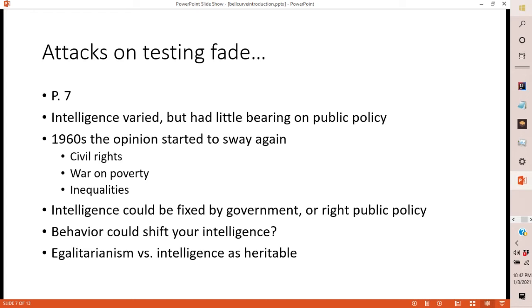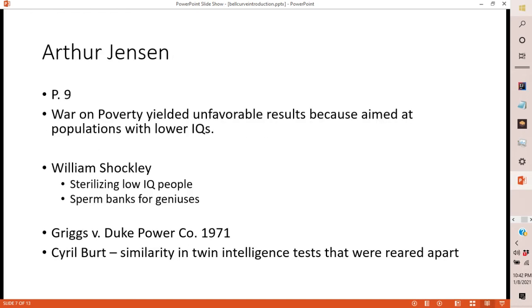And then I wrote here, final point, egalitarianism versus intelligence as heritable. So kind of like a nature versus nurture argument, or like your environment determines your intelligence, not your heritability of it. So basically the point of that slide was, at one point, IQ was embraced.